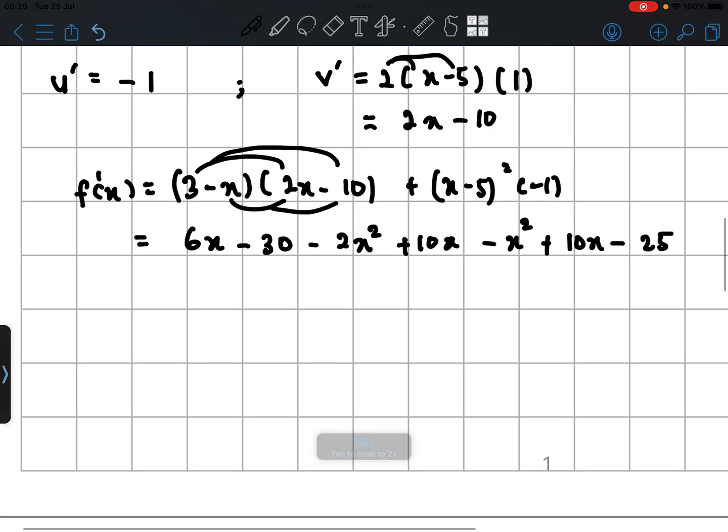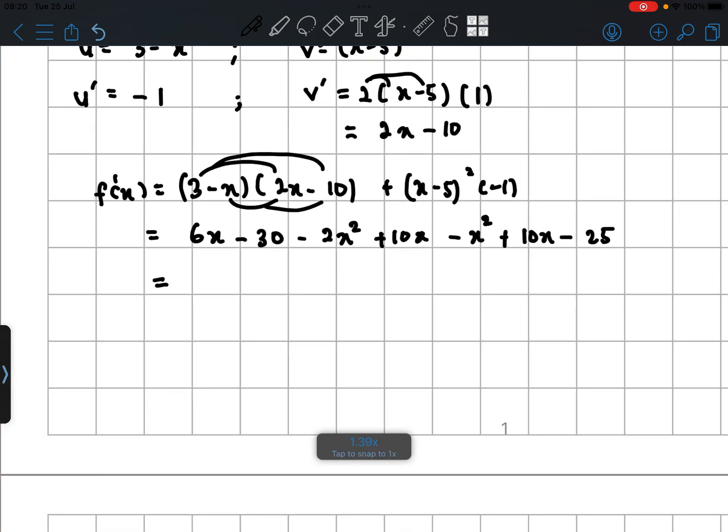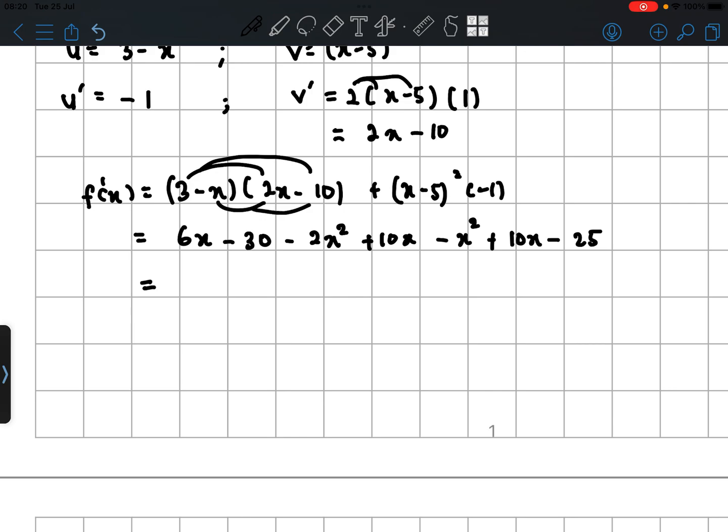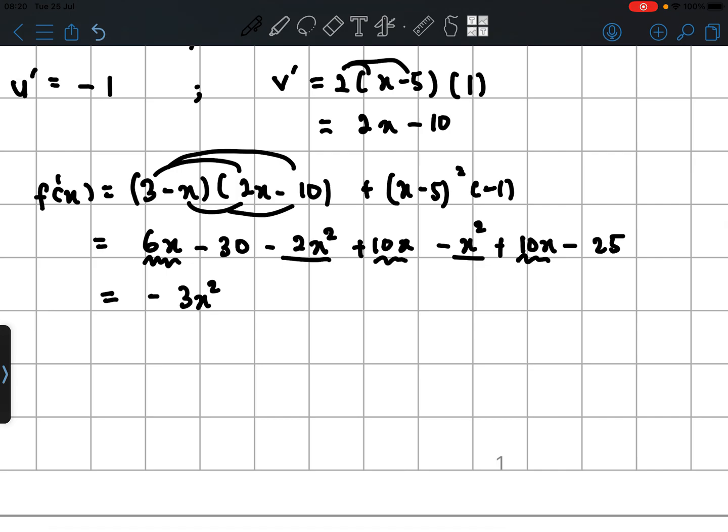Okay, so you need to simplify this. So we have minus the 3x squared, and this and that... it's plus 26?